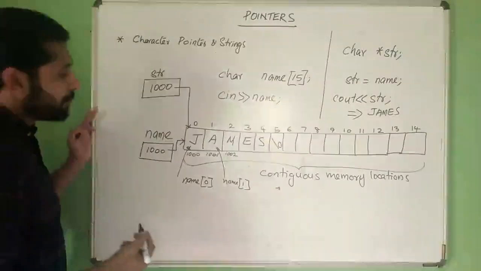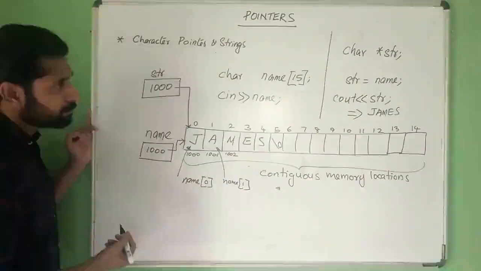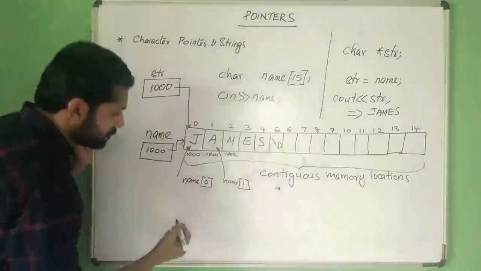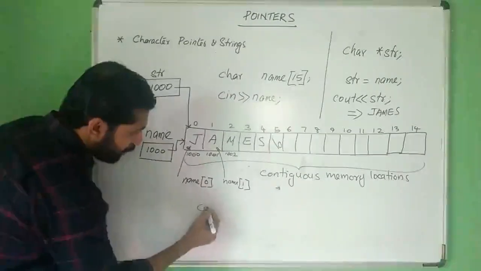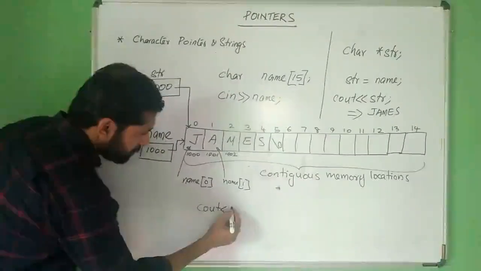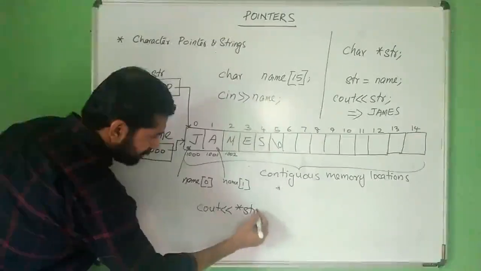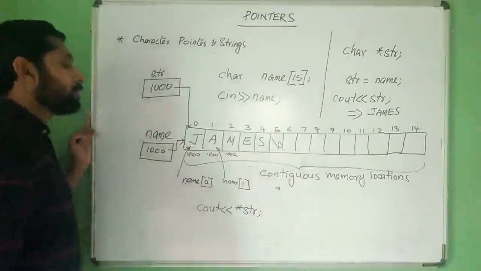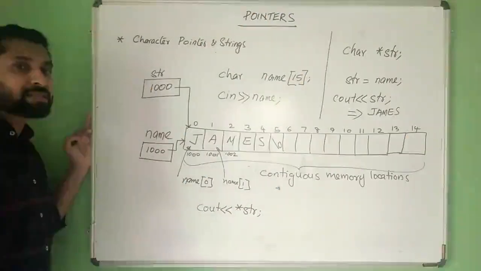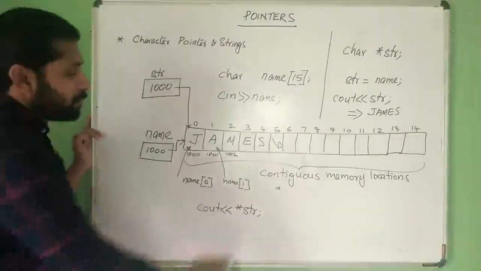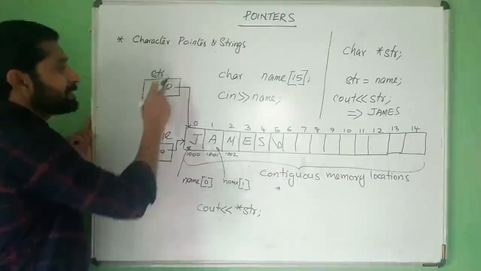Now what is cout star str? What will be the output of cout star str? Which means value at str.